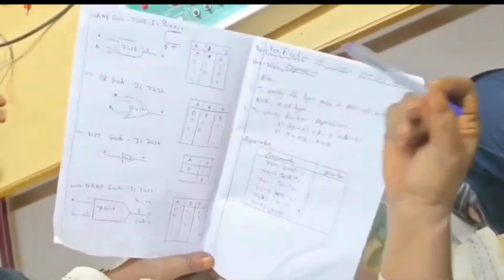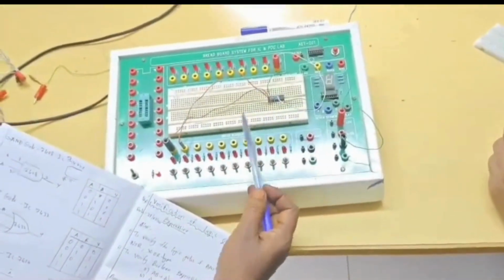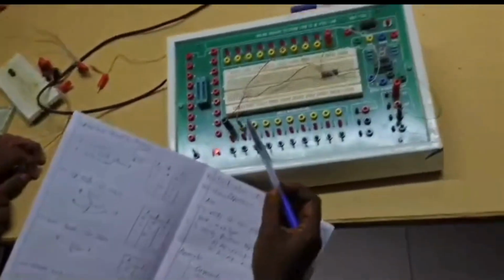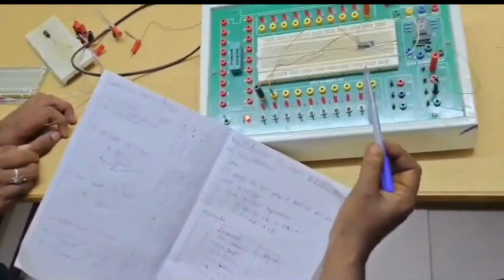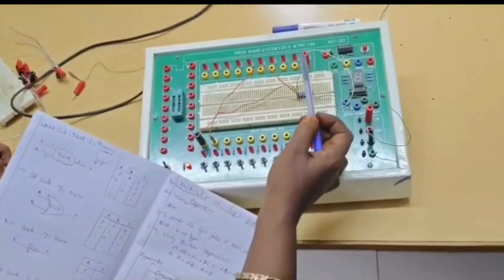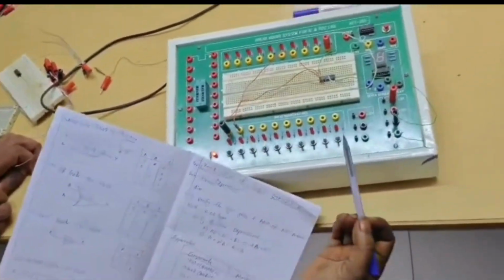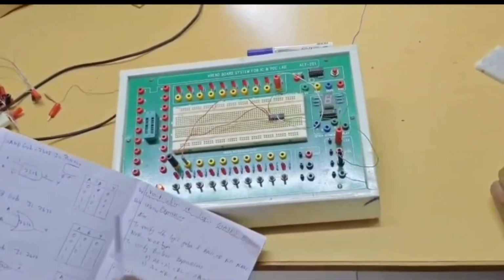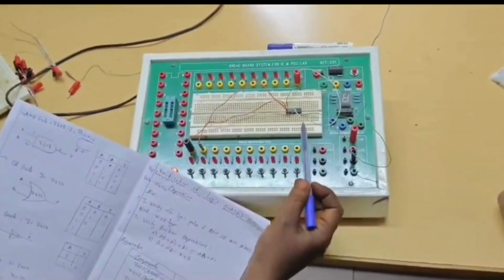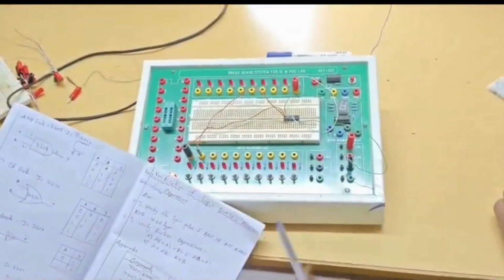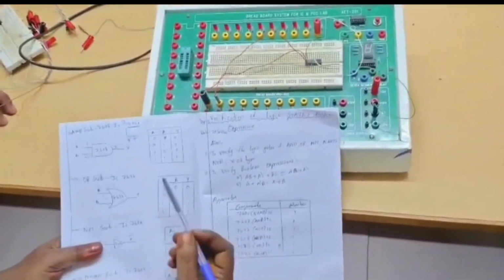Inputs are 1 and 2, connected to the switches, and the third pin is connected to this LED to see the output. The 14th pin is the 5 volt power supply, and the 7th pin is connected to 0 volts. Then let us verify this truth table.